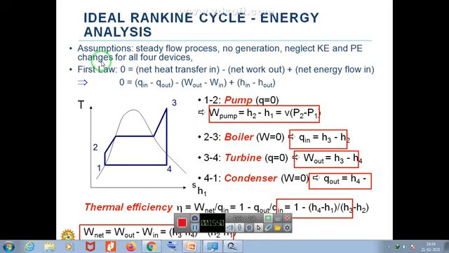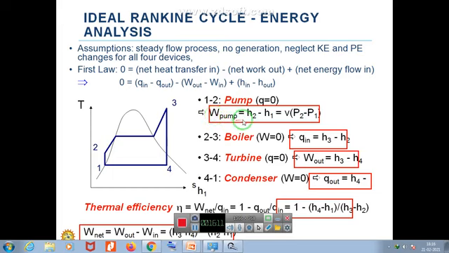So here let us see the work from each process. 1 to 2 is the pump, or compressor.